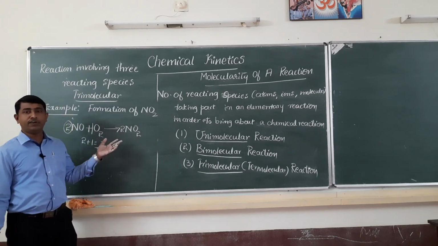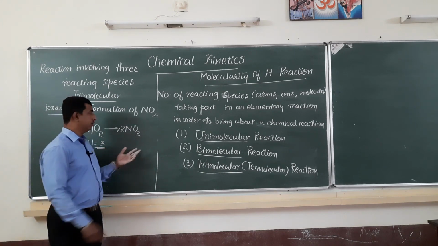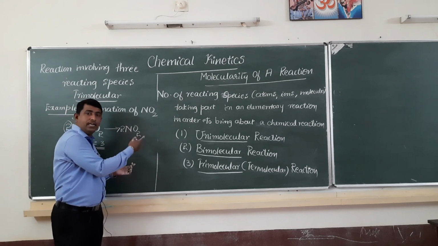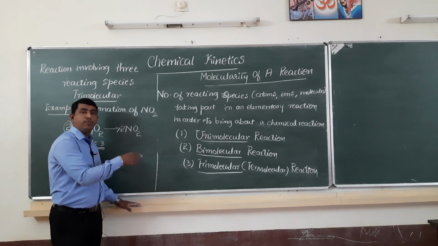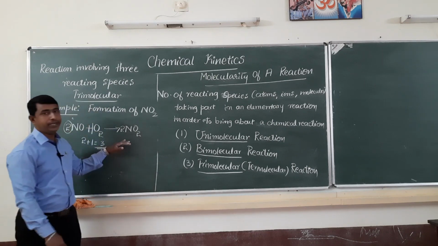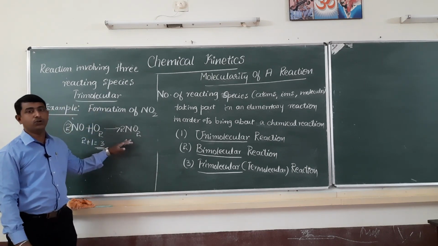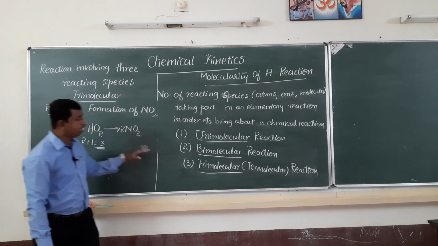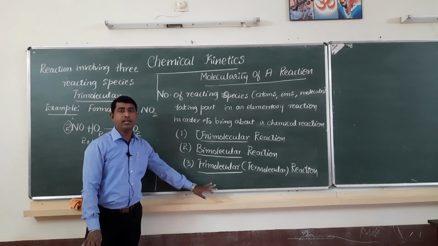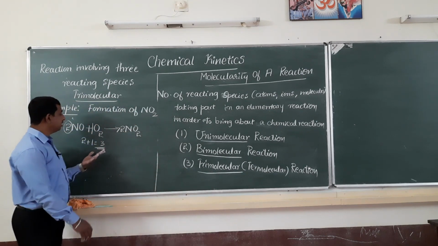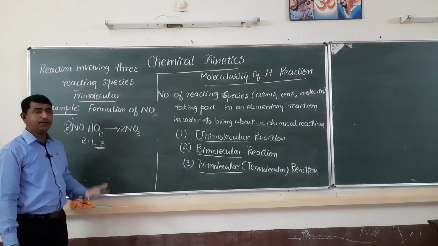Collision is required for the formation of the product. So reactions with molecularity more than 3 are not seen, or are very rare. Then what about reactions containing more than 3 reactant molecules?